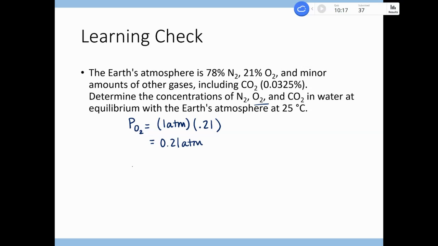So then using Henry's law, the concentration of O2 in water at equilibrium, so aqueous and then EQ to indicate we're at equilibrium. This is the equilibrium concentration. This is equal to Henry's law constant for oxygen at 25 degrees Celsius.